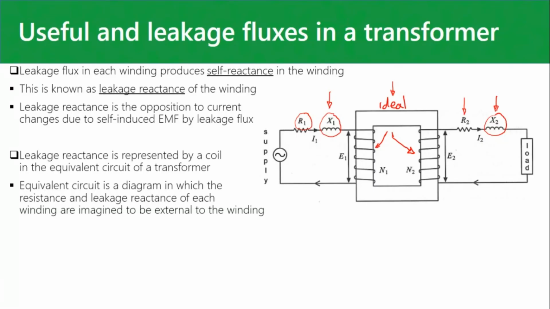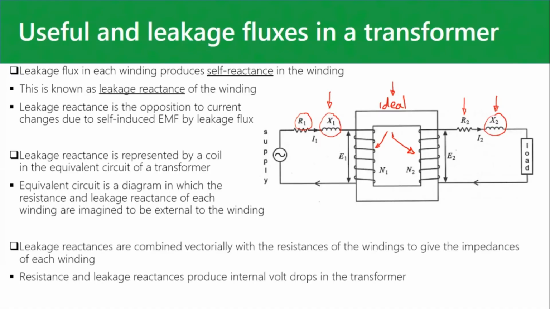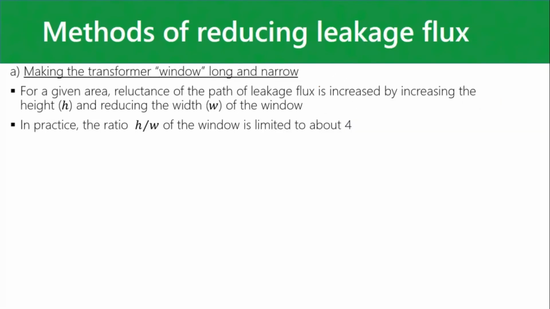They're actually internal to the windings, but we just show them like that. So you've got primary resistance, primary reactance, secondary resistance, and secondary reactance as well. So we're starting to build up a model there, right?